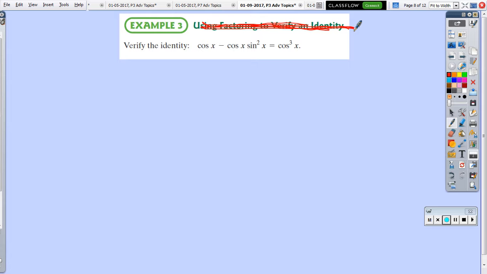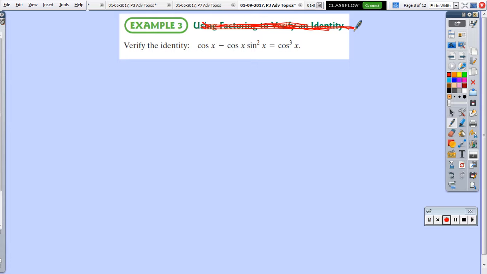We would all agree and hope that the right-hand side is more simple than the left-hand side. So we're going to leave the right-hand side alone. At some point, we're probably going to combine to get a single term on the left-hand side, because the right-hand side is just cosine cubed x. But we look at this, and we really have no way of combining these, do we?